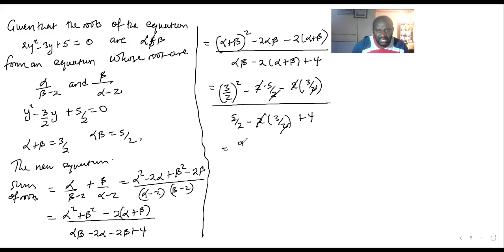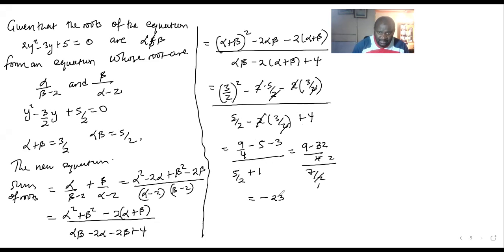Therefore, we shall remain with 9 over 4 minus 5 minus 3, divided by 5 over 2 minus 3 plus 4, which is 1, because 4 minus 3 is positive 1. This will give 9 minus 32 over 4, divided by 7 over 2. By 2 once, by 2 twice. This will give me negative 23 over 14.